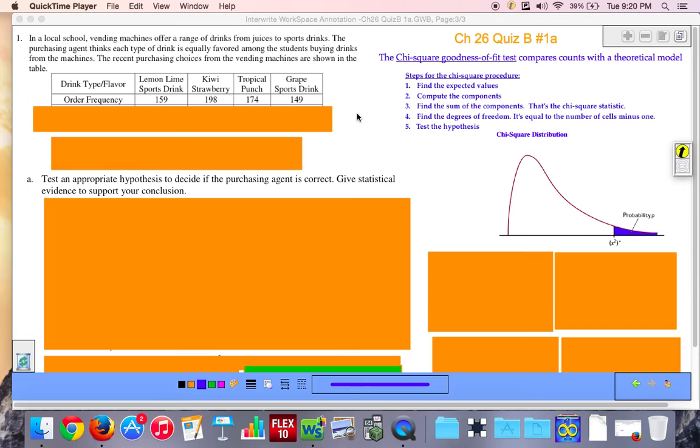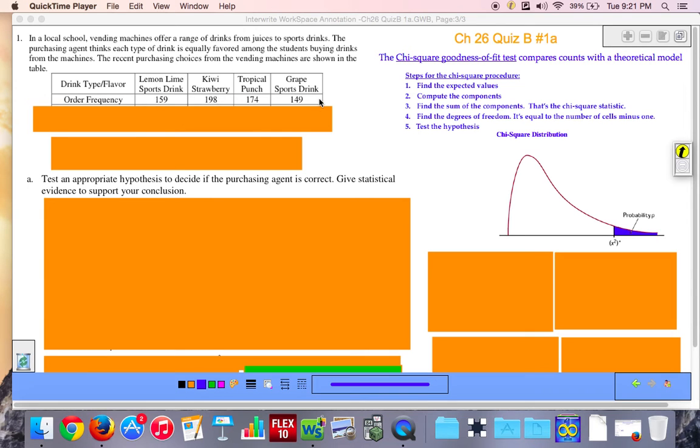In a local school, vending machines offer a range of drinks from juices to sports drinks. The purchasing agent thinks each type of drink is equally favored among the students buying drinks from the machines. The recent purchasing choices from the vending machines are shown in the table.